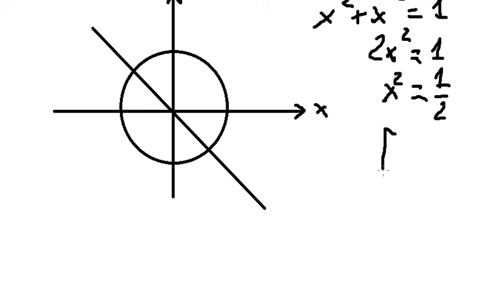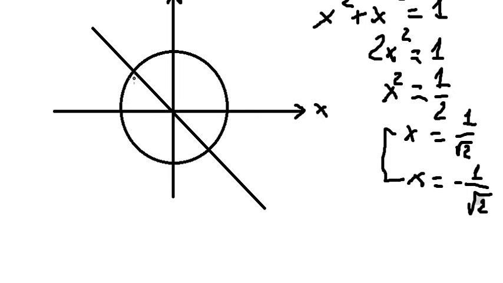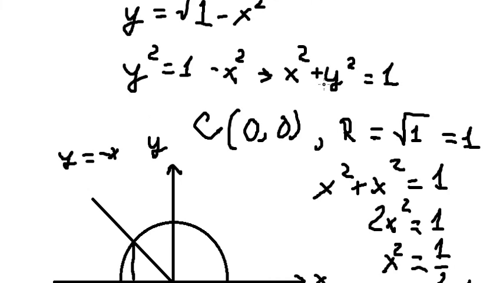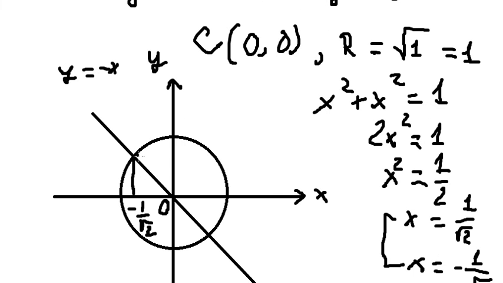So we will have two solutions: x equals 1 over the square root of 2 and x equals negative 1 over the square root of 2. So the negative is this one, and 0 is this one. Because the question says y is greater than negative x, we go in here and smaller than the circle. So that is this region.